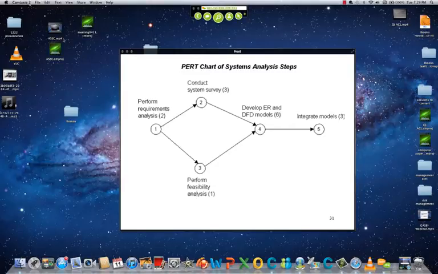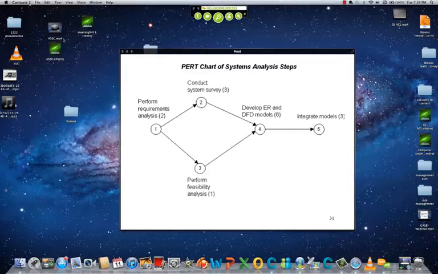What this PERT chart says is that first you have to perform requirement analysis. Then you have to conduct a systems survey. However, at the same time as the system survey, you can simultaneously do the third step: you can perform feasibility analysis.